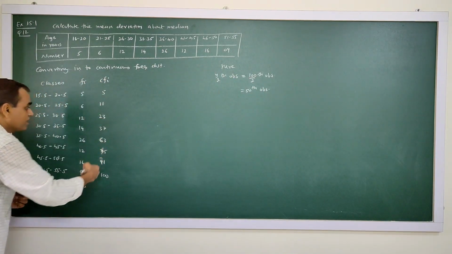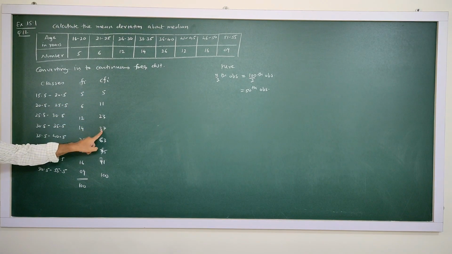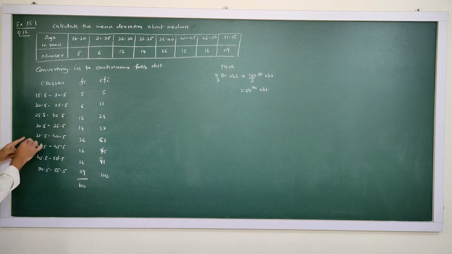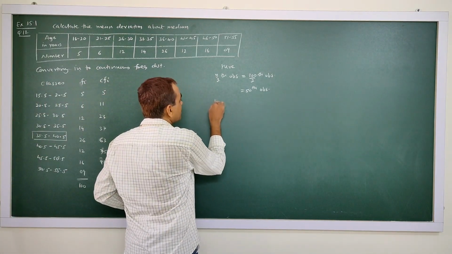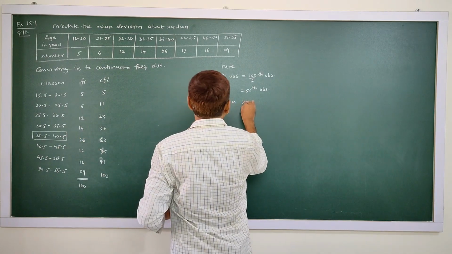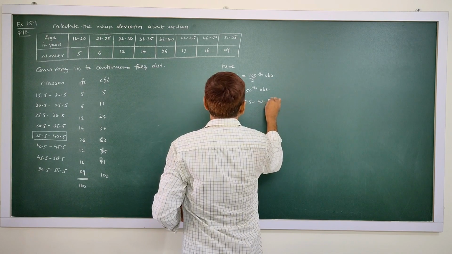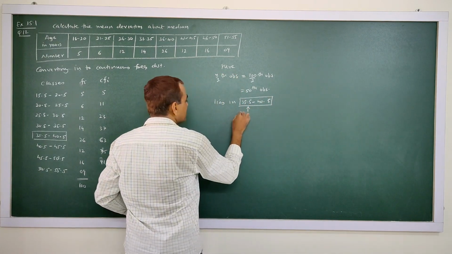Check from the cumulative frequency: 23 observations are over, 37 observations are over. So the 50th observation lies in the class 35.5 to 40.5. So this will be the median class.